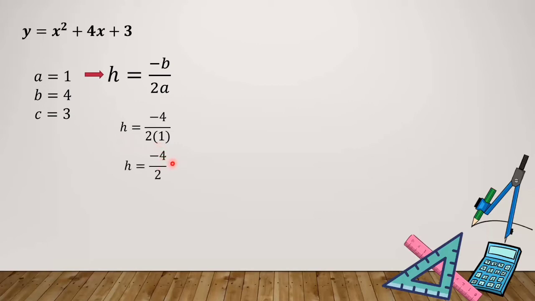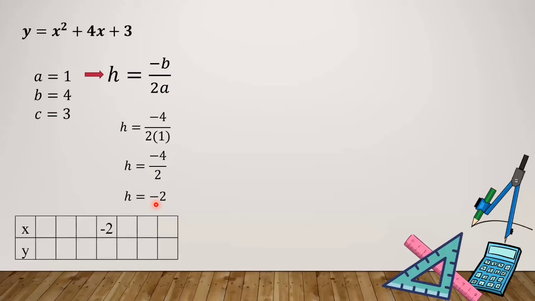Negative 4 divided by 2 is equal to negative 2. So the value of h is equal to negative 2. Then now our x coordinate is equal to negative 2. Since the value of h is negative 2, we put negative 2 at the center of the table of values. Yan na siya.